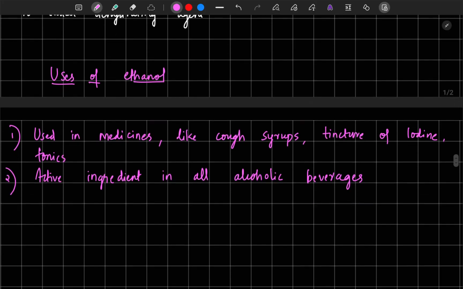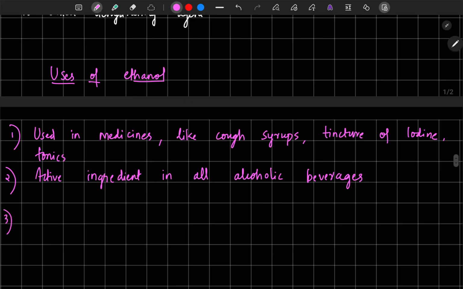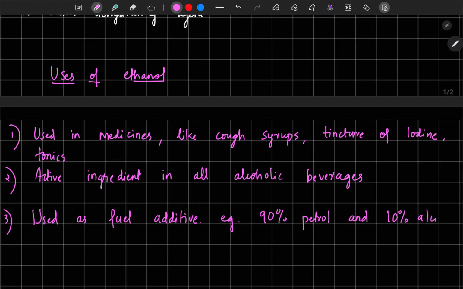Also, this ethanol or alcohol is used as a fuel additive. That means it is used along with fuel, for example 90% petrol and 10% alcohol.